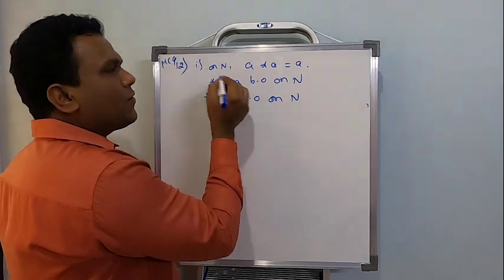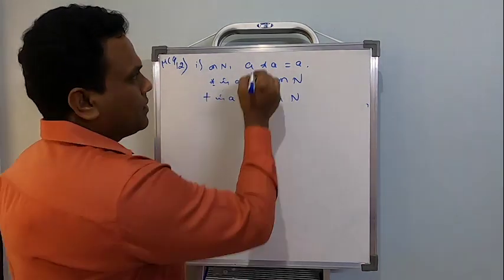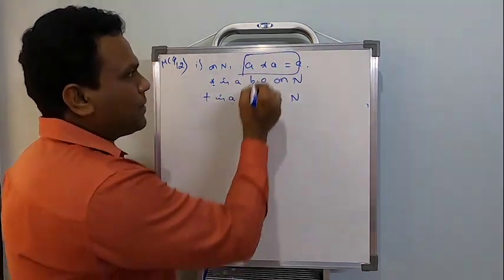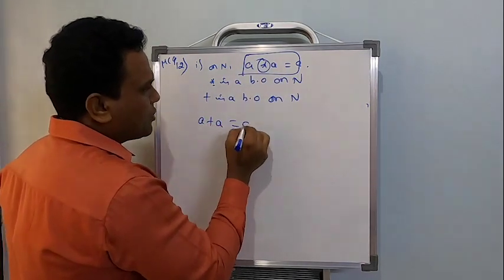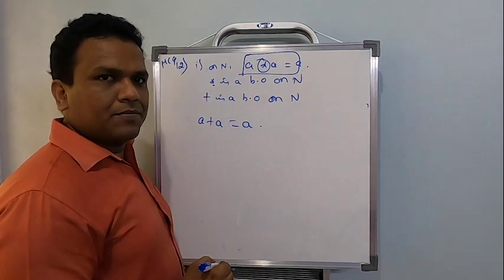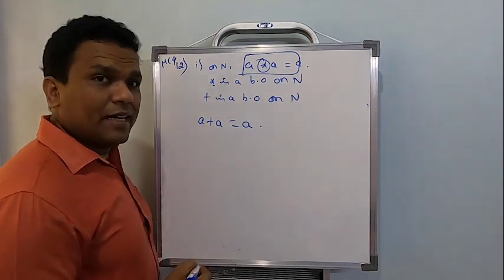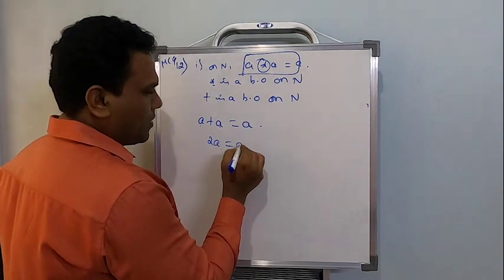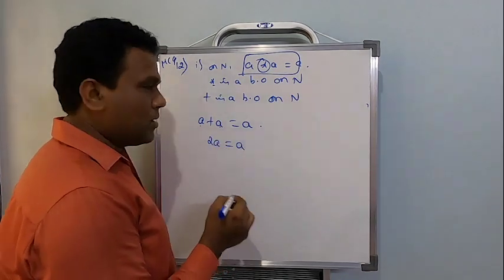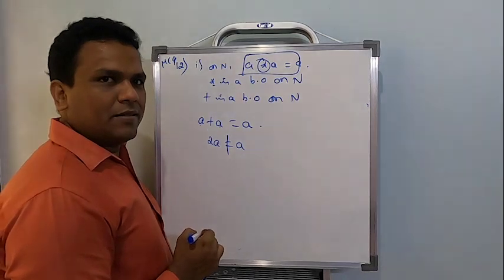So, instead of star, let me take it as plus. In this one, I am going to replace star by addition. According to this, A plus A should give me A. Is this anywhere possible? A plus A will be 2A. Is this possible for any natural number? This can never happen.